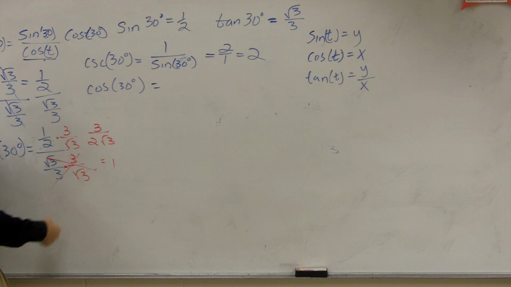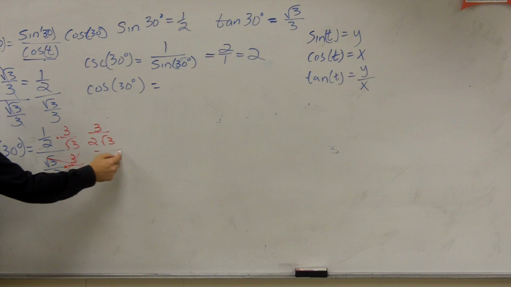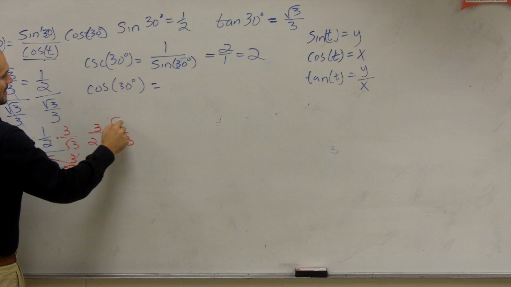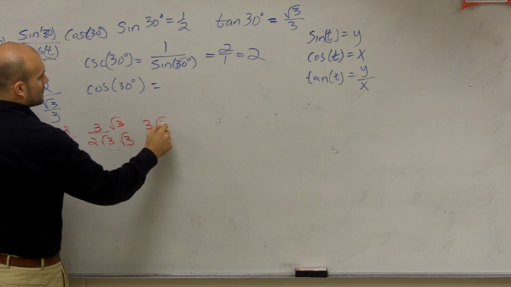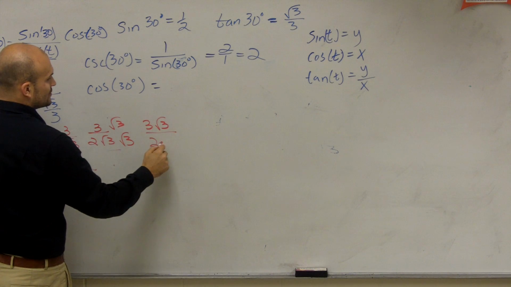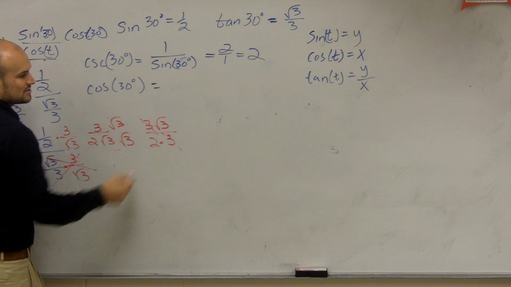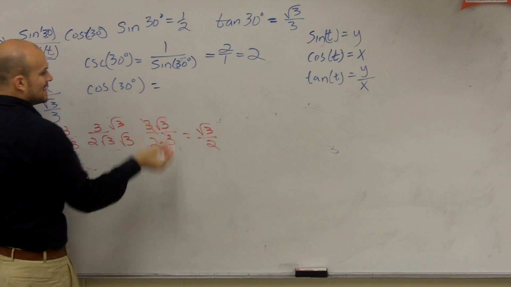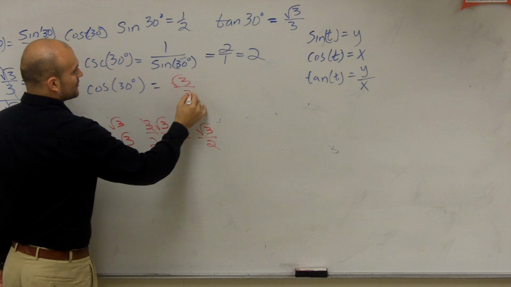However, we can't have a radical on the bottom, so I rationalize the denominator. So I get 3 radical 3 divided by 2 times 3. Those divide out to 1, radical 3 over 2. So the cosine of 30 degrees equals radical 3 over 2.